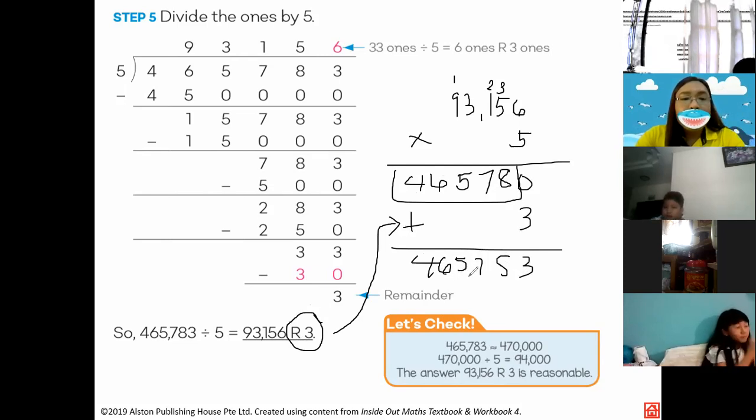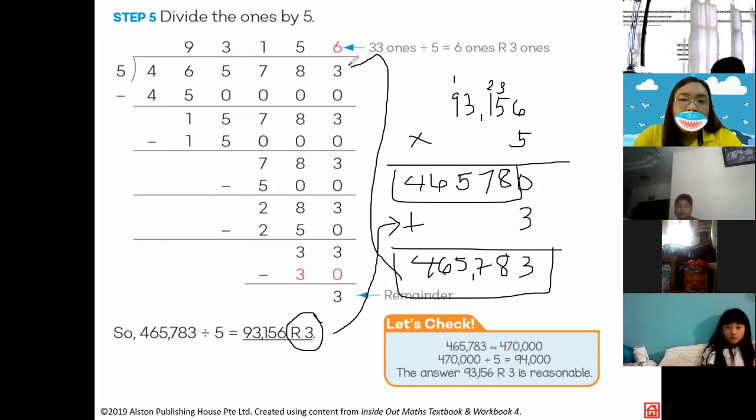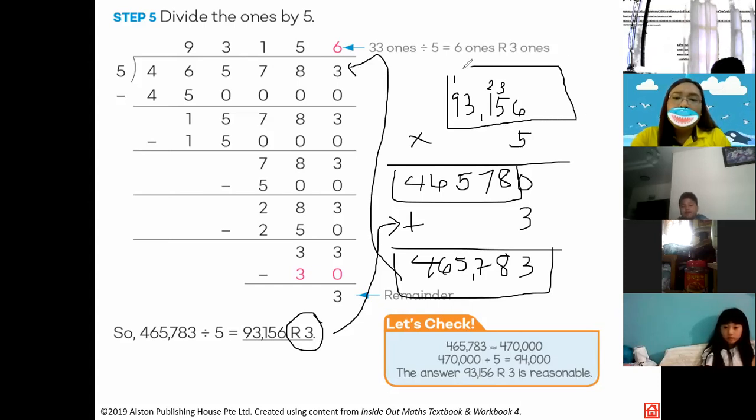So class, that means our answer is correct. 465,783. You see? So the answer for this problem is this one. 93,156, and then the remainder 3.